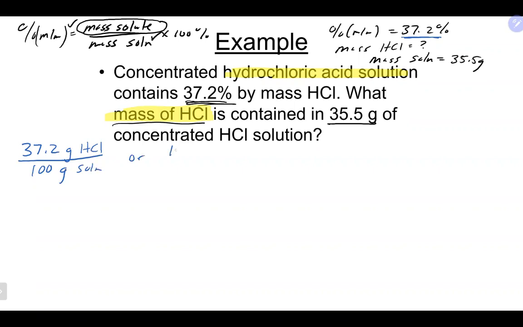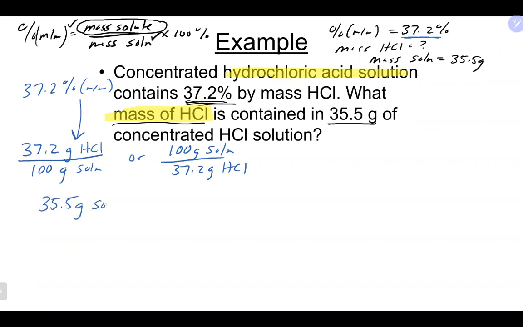Or I could use it as 100 grams of solution is 37.2 grams of HCl. So basically that is taking our 37.2% by mass and turning it into conversion factors to use in this problem. So that's the approach I'm going to take. And that means that I know I have 35.5 grams of the solution.